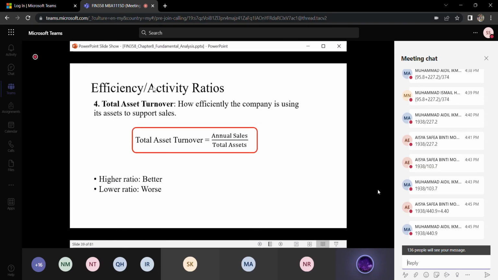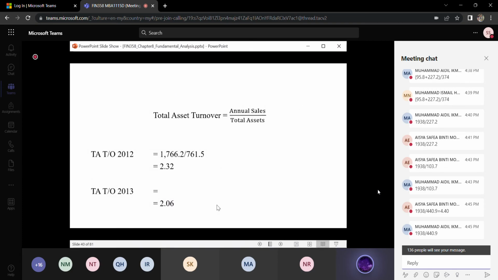Then we have total asset turnover, how efficiently the company is using each asset to support sales. So we have annual sales divided by total assets. Same, higher ratio is better. All right, so you calculate for year 2013.